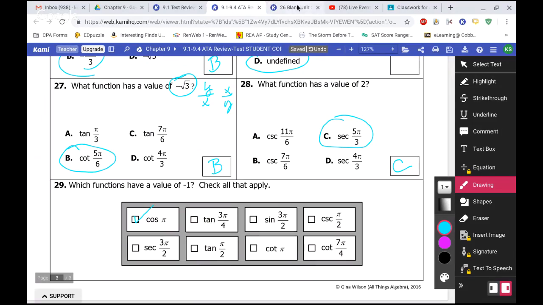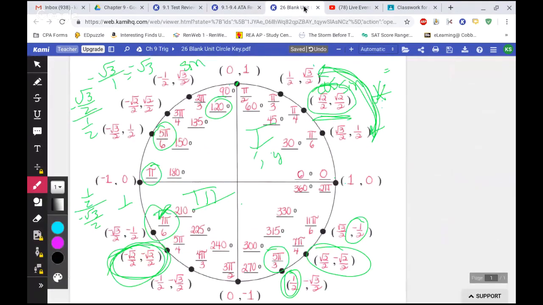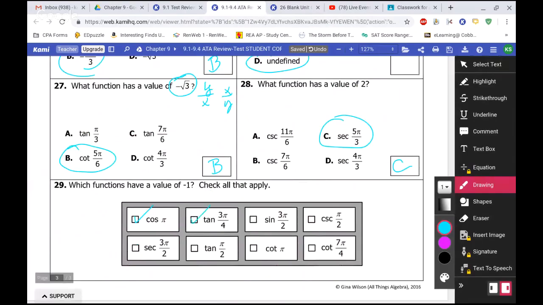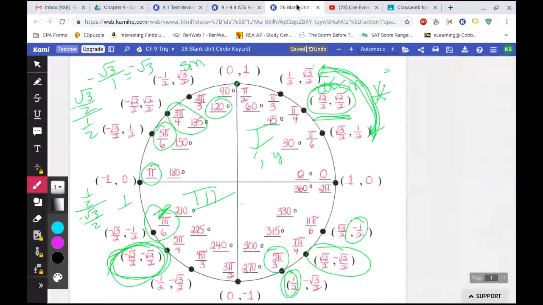Tangent 3 pi over 4. That one would work too, because it's going to be root 2 over 2 over root 2 over 2, and it's negative. So that one works. Sine 3 pi over 2. That's going to be down here. Sine is the y value. So that one works.